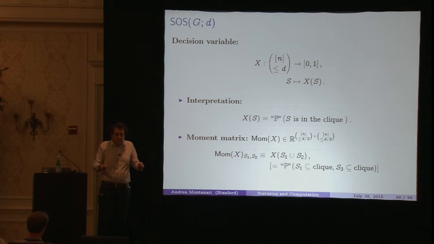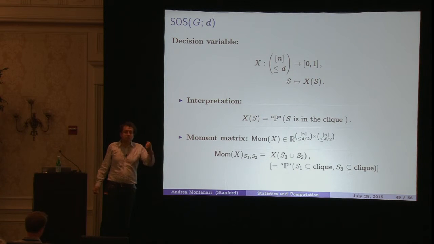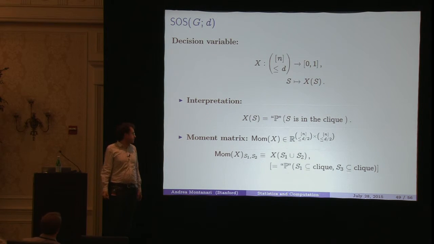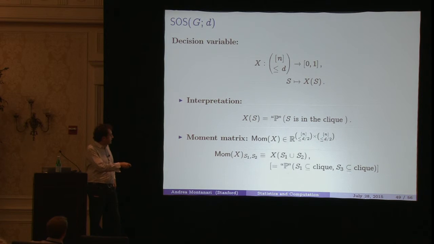Think of the simplest relaxation: you relax x_i to x_i in the interval [0,1], then you interpret x_i as the probability that i is in the clique. Now you interpret x_S as the probability that the whole set S is in the clique. Out of this, I construct a moment matrix, denoted M(x). This is indexed by subsets of size at most d over 2.